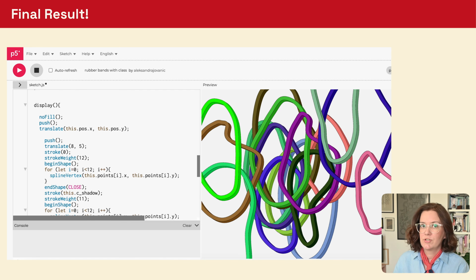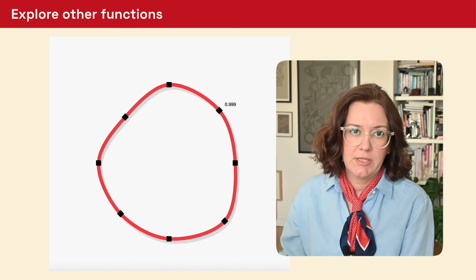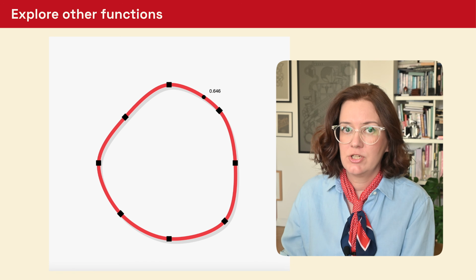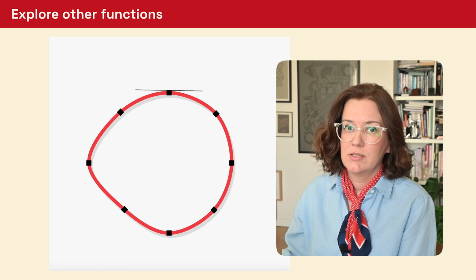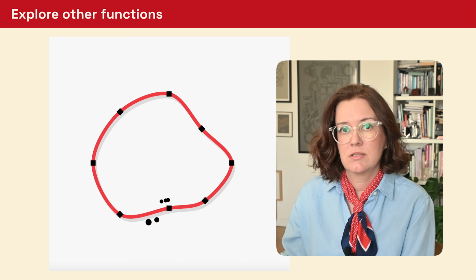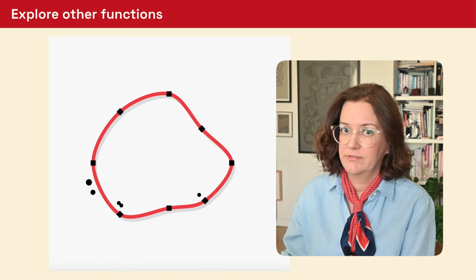If this got you interested in drawing with splines, there are two more really useful functions you can explore. What if you want to place something anywhere on a curve segment? Or have it just touch the curve, stay perpendicular to it, or keep a consistent distance as it moves along the curve?